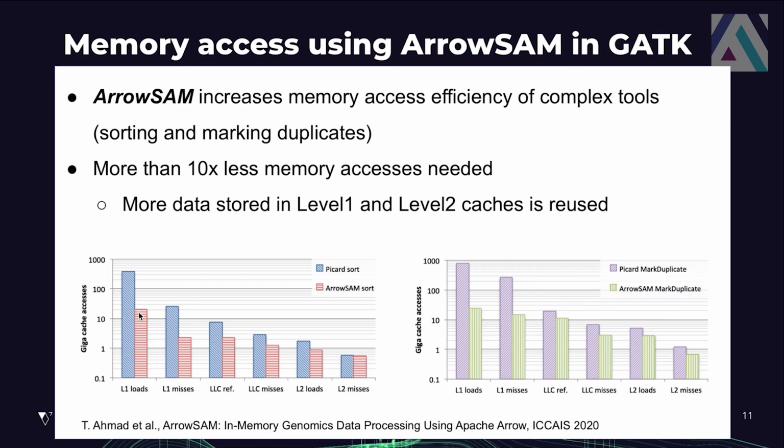This figure shows that our ArrowSAM based workflow is able to reduce memory accesses by more than an order of magnitude, thereby focusing the effort on processing the data in the processor rather than waiting for the data to be accessed in memory.